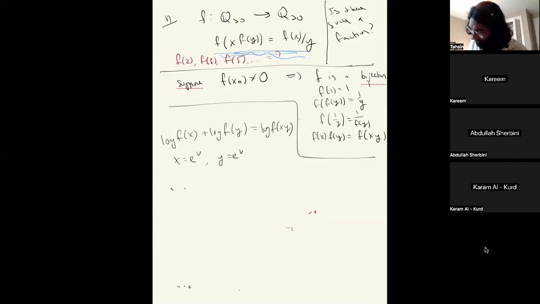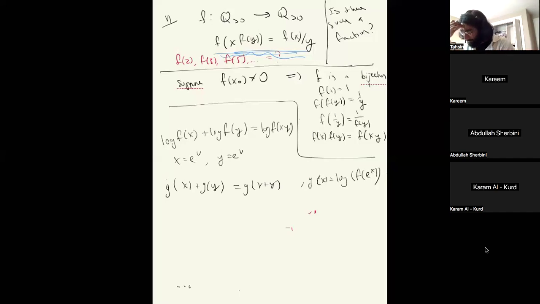I don't know if it's helpful, but we can say g of x plus g of y equals g of x plus y, where g of x equals log of f of e to the x. Now, Kareem, did you have any idea where to go from here?